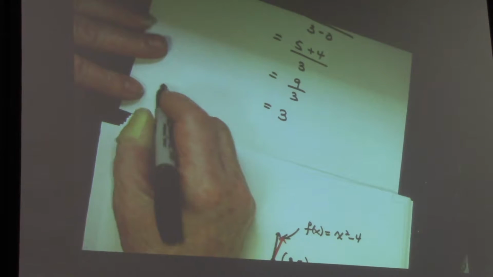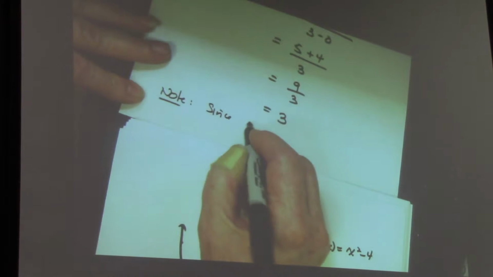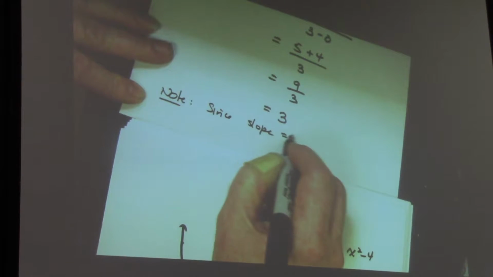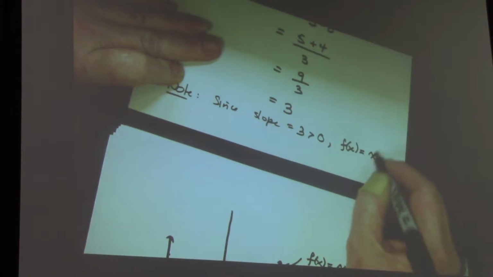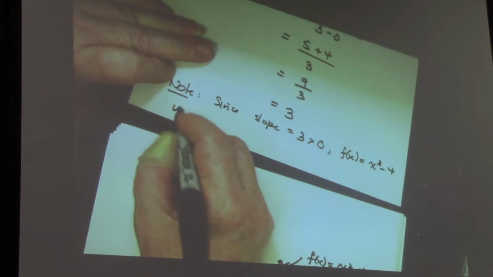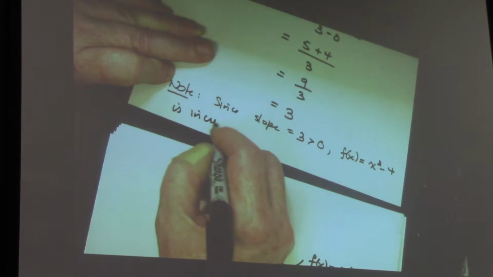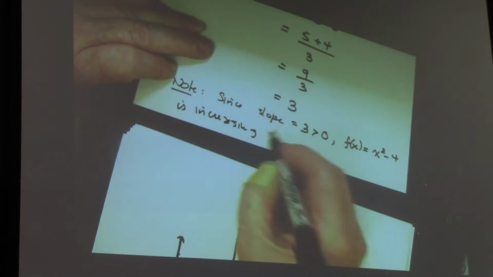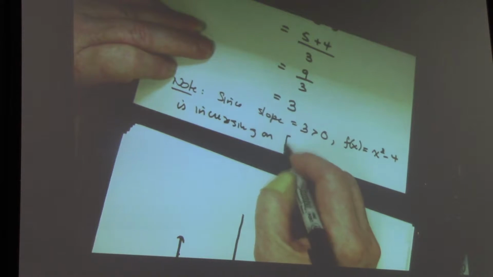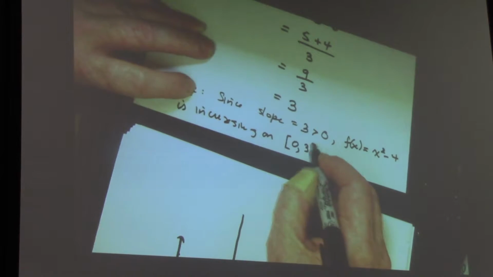Okay, let me just make a little note here that since that slope is 3, which is positive, okay, then that means that f of x equals x squared minus 4 is increasing on the whole interval from 0 to 3.